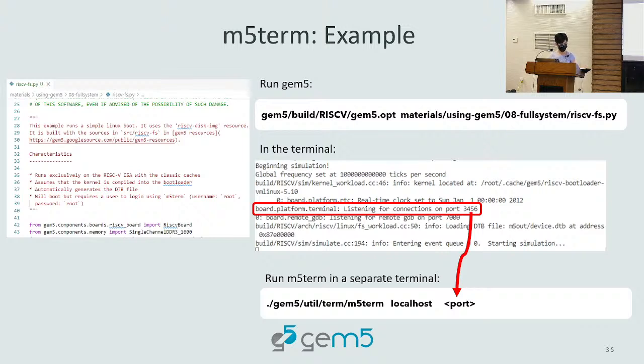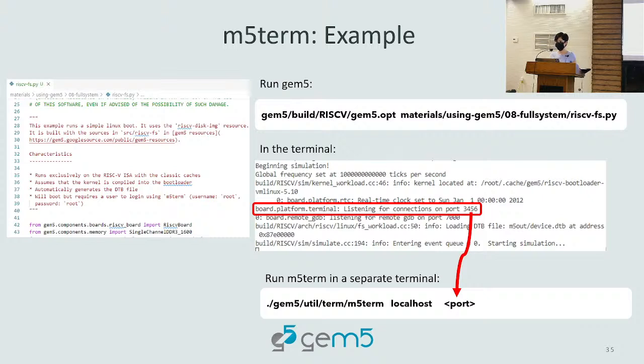This example tries to quickly launch a kernel on RISC-V, and we can use this small example to use m5term to connect to the guest terminal. Hopefully you all have the RISC-V gem5 binary that we tried to build at the beginning of this session. You just need a path to your gem5 binary and a path to this configure script for RISC-V.